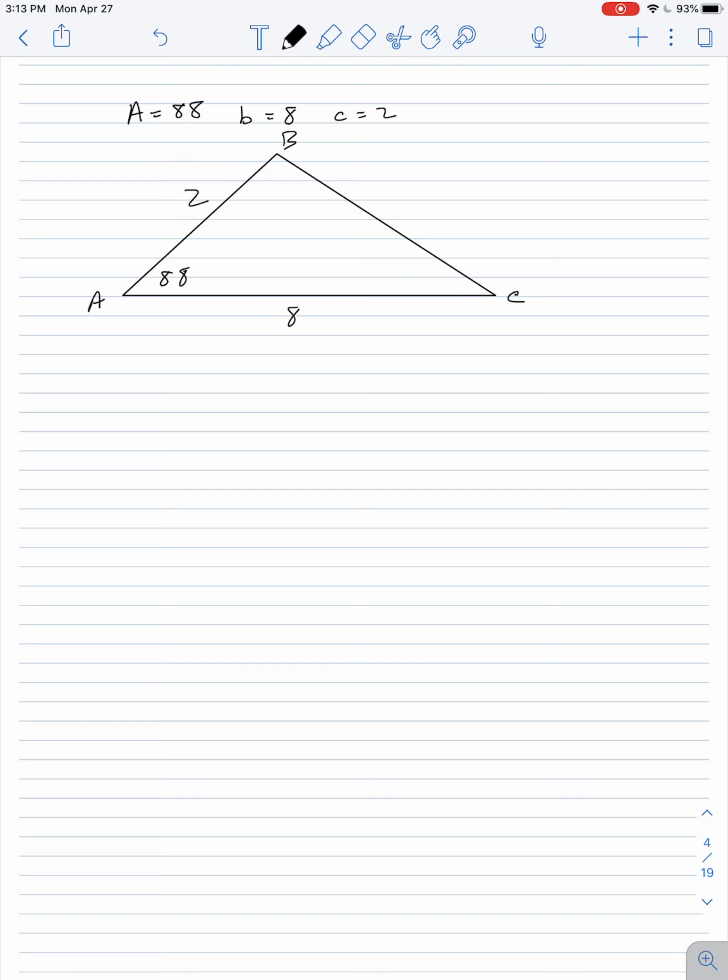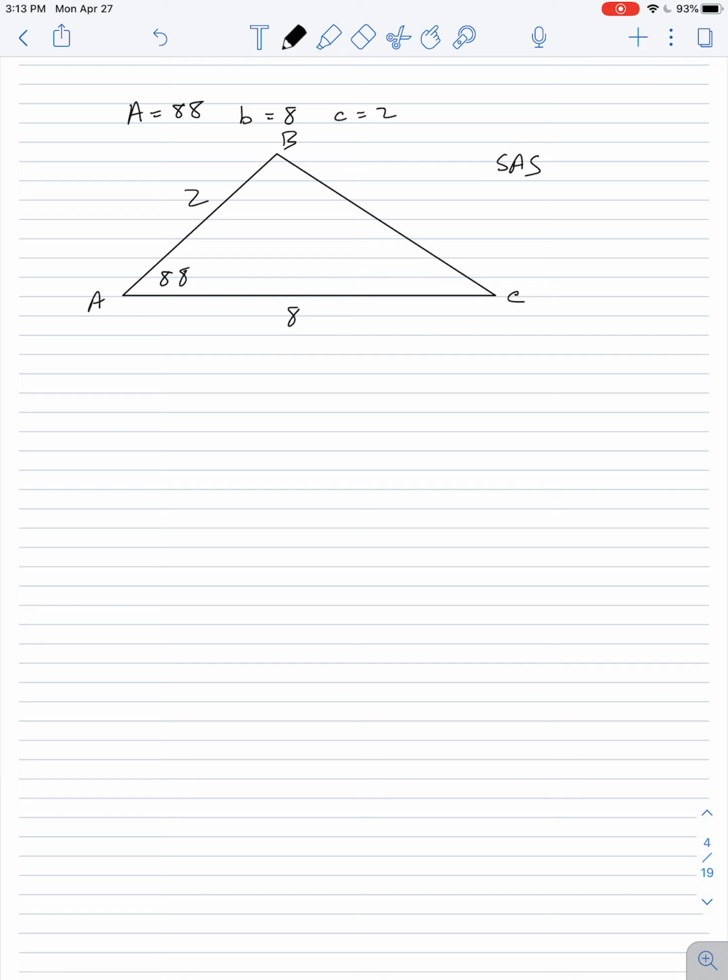And let's say that angle A is 88, side B is 8, and side C is 2. So ABC, A is 88, B is 8, C is 2.